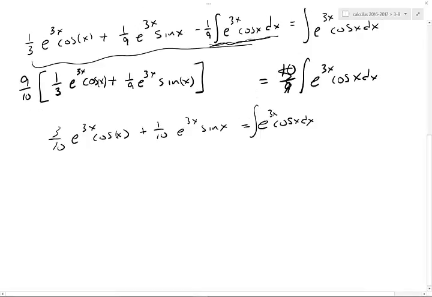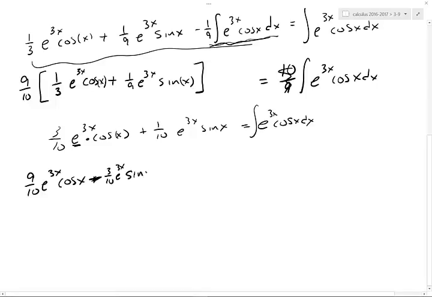Mr. Grimm, I don't know if I believe you. That's hurtful, but let's try it just for fun, okay? This is going to be two different product rules, yes? Let's try them. What's the derivative of e to the 3x? It's 3 e to the 3x, is it not? So it would be 9/10 e to the 3x cosine x plus 3/10 e to the 3x times negative sine.